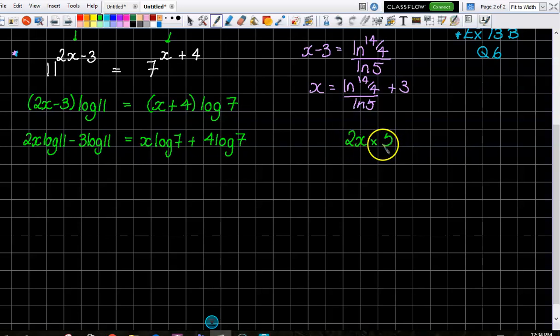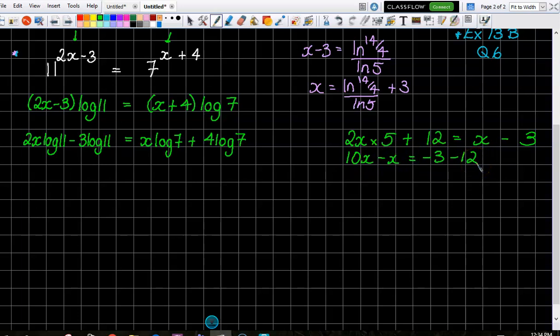So if I had 2x times 5 plus 12 equals x take 3, what would you do? Get all your x's on one side, wouldn't you? And you'd go, well, 5 2s are 10, so you'd say 10x take x equals minus 3 take 12.